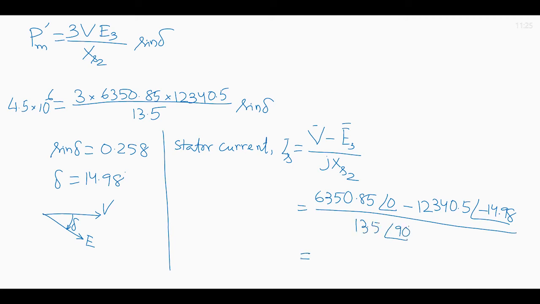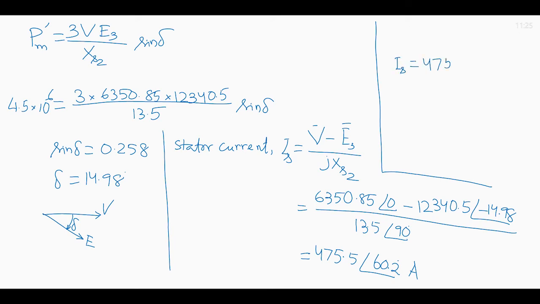From this expression, stator current is computed as 475.5 at an angle 60.2 degree. So stator current Is magnitude is 475.5 ampere, and power factor is cosine of 60.2.